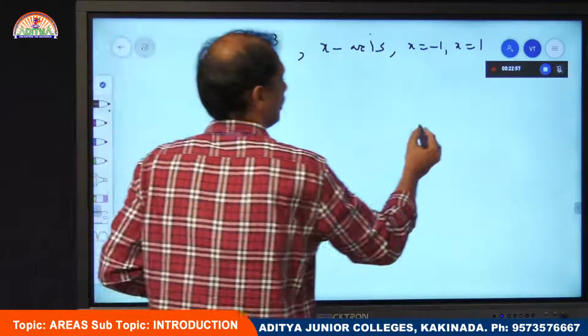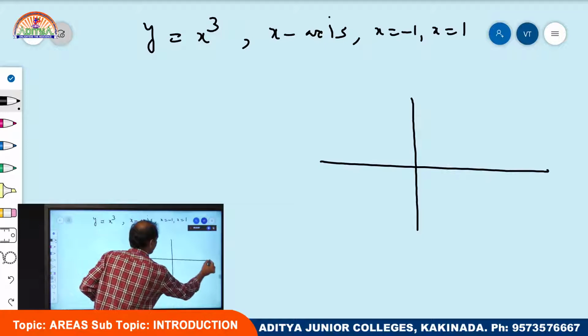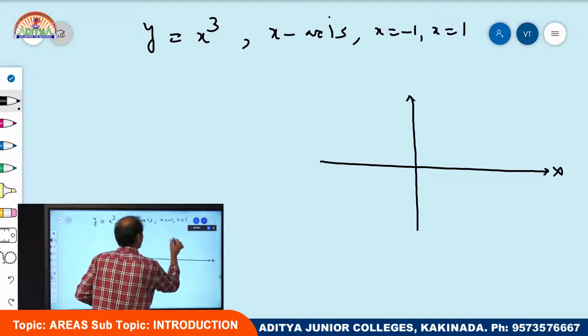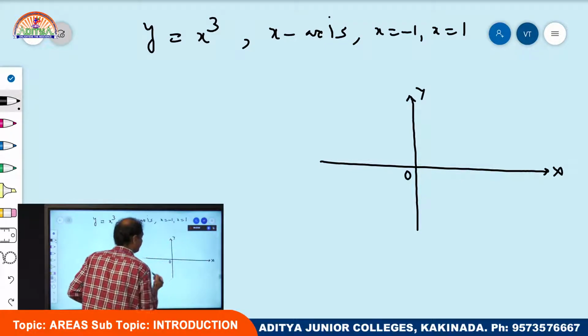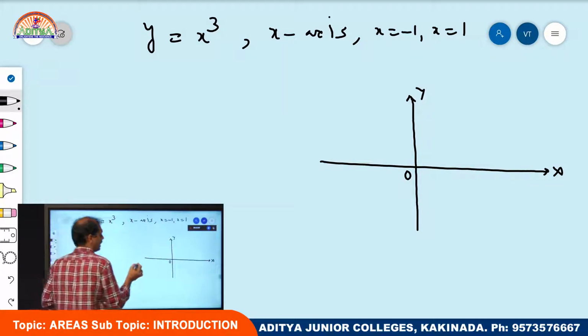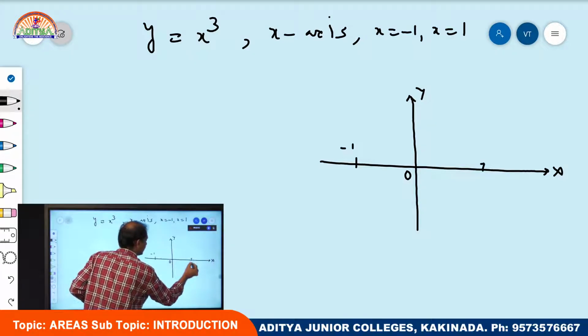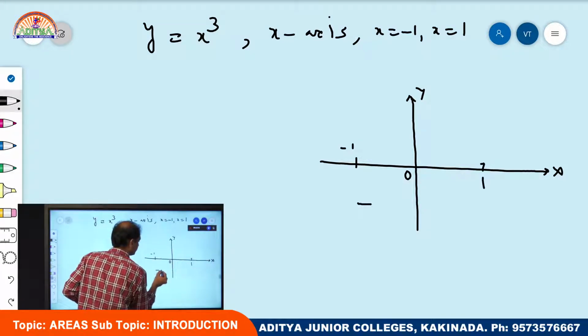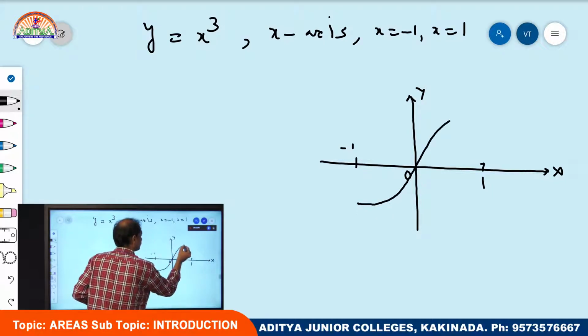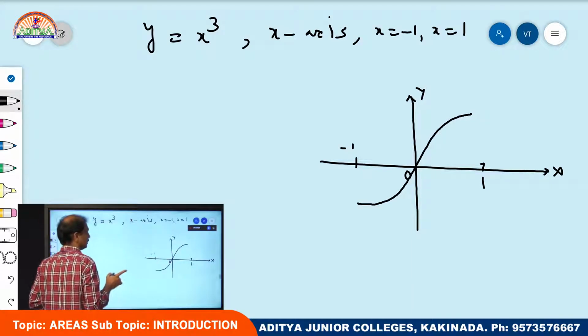Before doing the problem, always consider the graph of the given function, because it is easy to identify where it is positive and where it is negative. For that, I am considering the graph of y equal to x cube over minus 1 to 1. Okay, the second derivative is 6x, and 6x is always positive, therefore it is concave upwards.